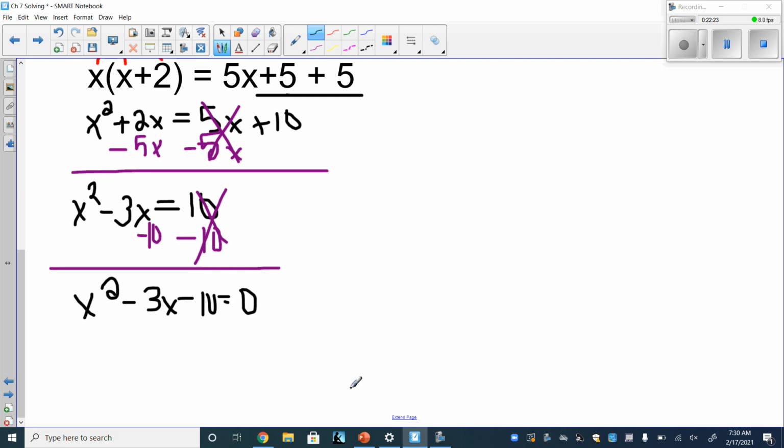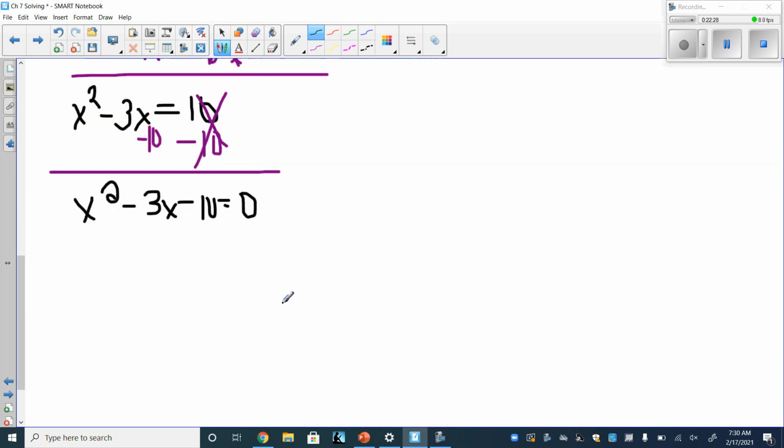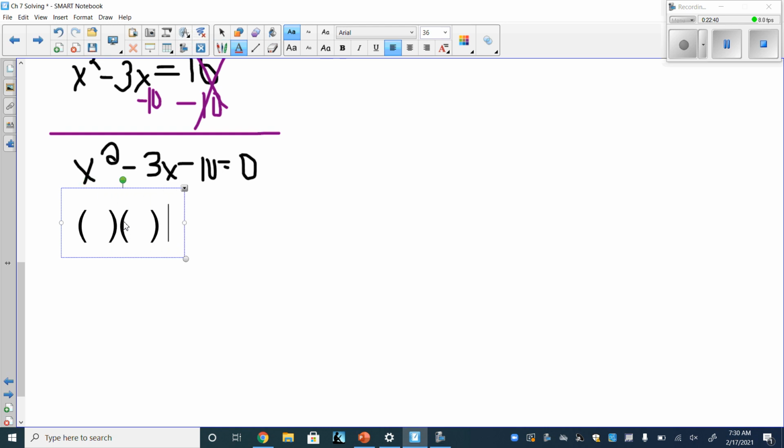So we have everything on the same side of the equal sign. And that's what we wanted. So we multiplied through to reduce all of the fractions. Then we moved everything all over to the same side because it is a quadratic. And what we could do now is factor these. Because x squared minus 3x minus 10 will factor.